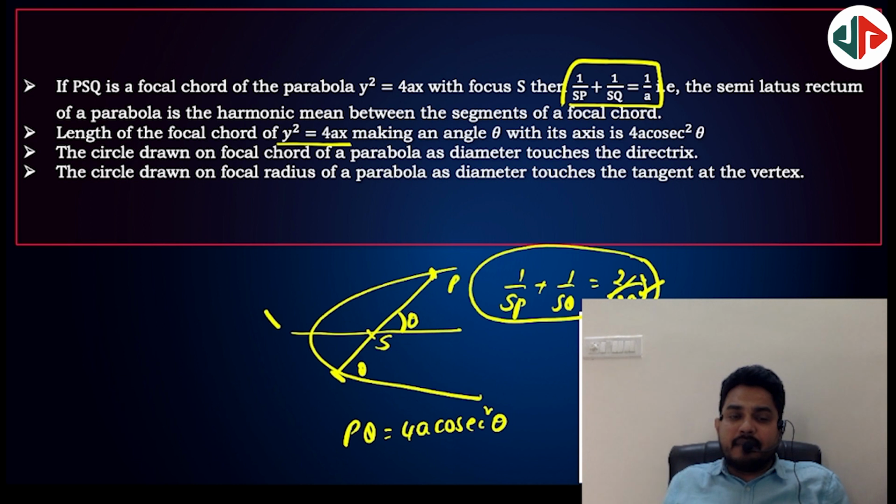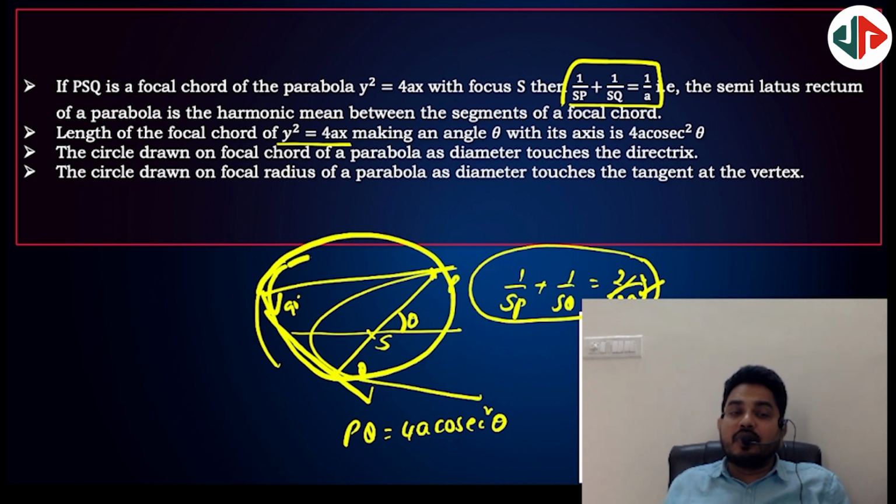Because this is the focal chord, the tangents are going to be perpendicular and intersect on the directrix. So the angle in a semicircle will be a right angle. So the circle drawn on the focal chord of a parabola as diameter touches the directrix.